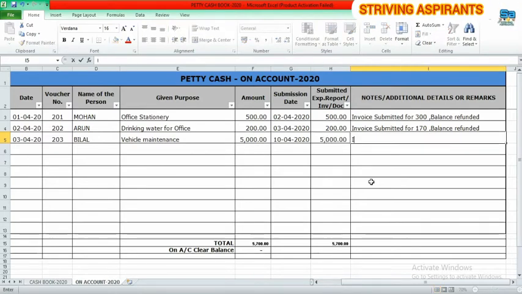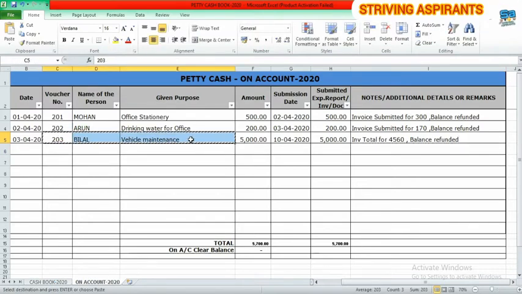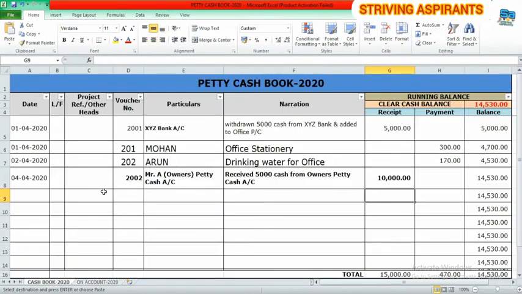Now again we are coming back to the cash book 2020, the main sheet. We have to copy this transaction and put it in the main sheet. Now we have given the information. Whatever invoice submitted amount, 4,560 for vehicle maintenance, is put in the payment column.